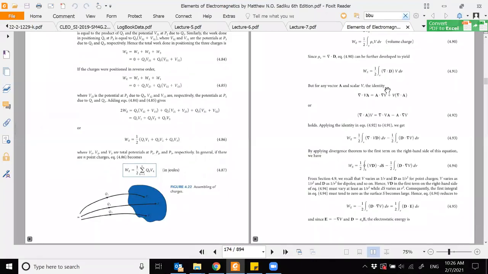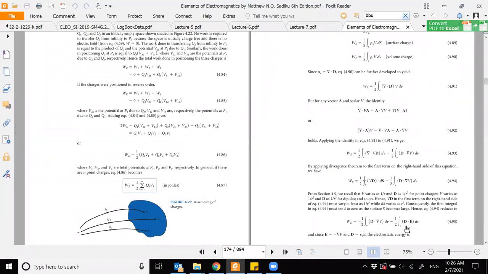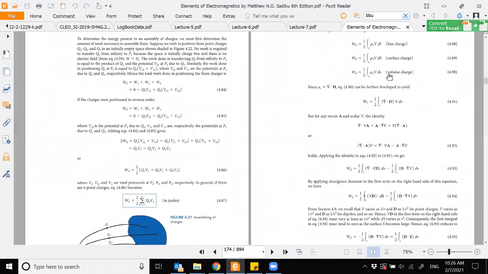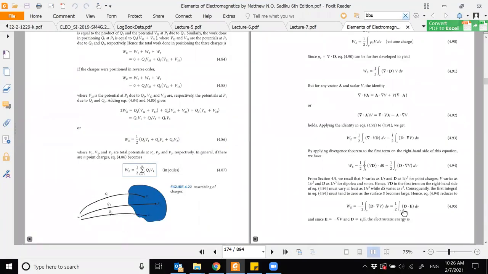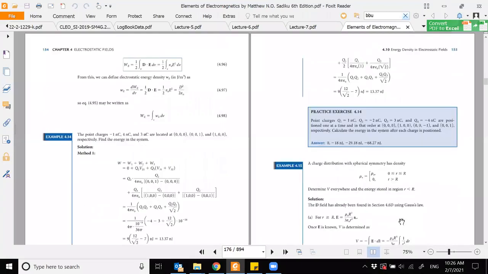The energy is half integral over V of D dot E dV. And this is common for any charge distribution, whether it is point, line, surface, or volume.